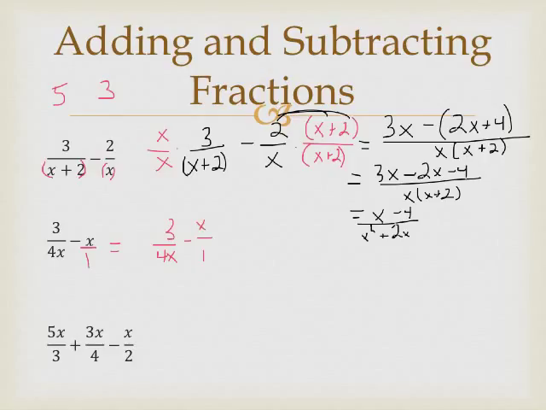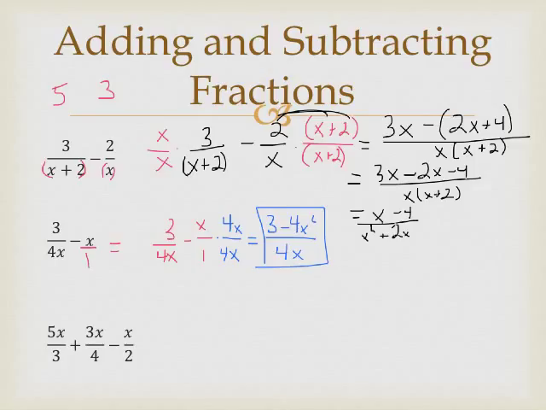So what we are missing in this fraction is a 4x, and then we should be good to go. Okay? Then they should both have a 4x in the denominator. So I'm going to have 3 minus, and then x times 4x is 4x squared. And we have a common denominator of 4x. And there's not really anything else you can do there, besides reorder them if you really wanted. But no need.